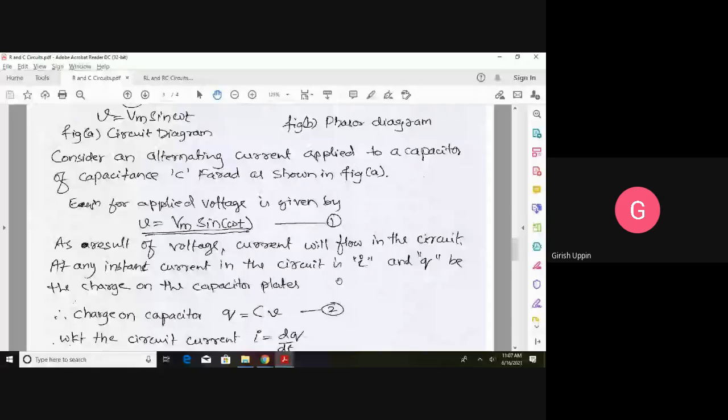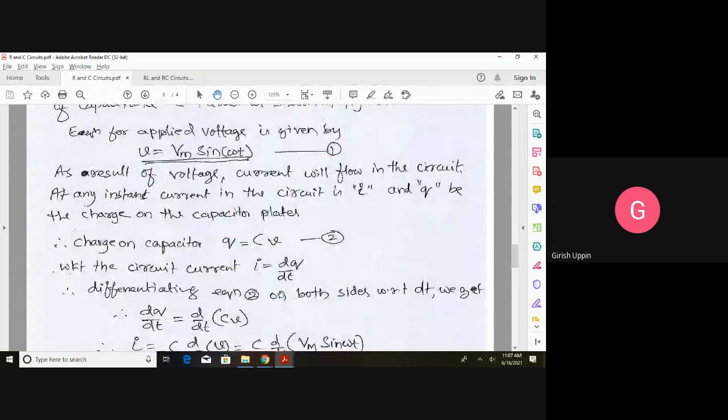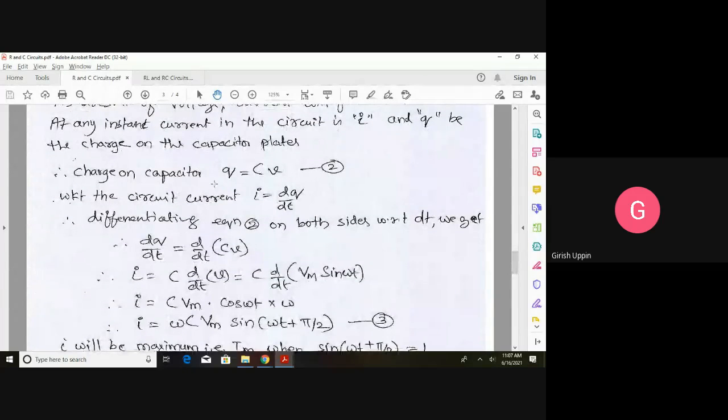The minute you connect the alternating voltage, the capacitor will start charging, and as the current is instantaneous, the amount of charge is also an instantaneous value. Because the voltage is alternating and keeps changing, the amount of charge on the capacitor will also change.